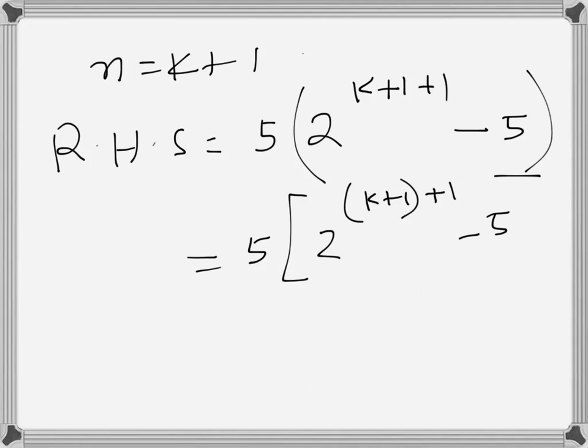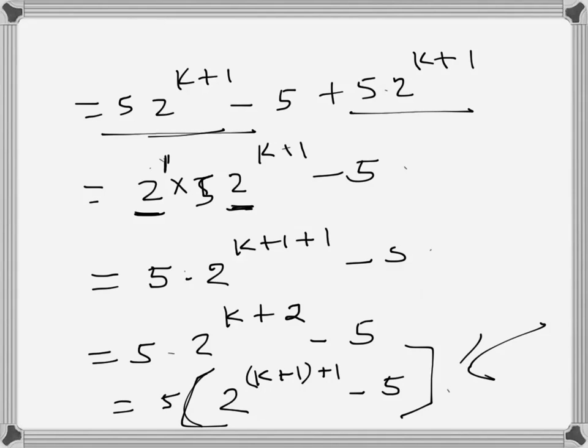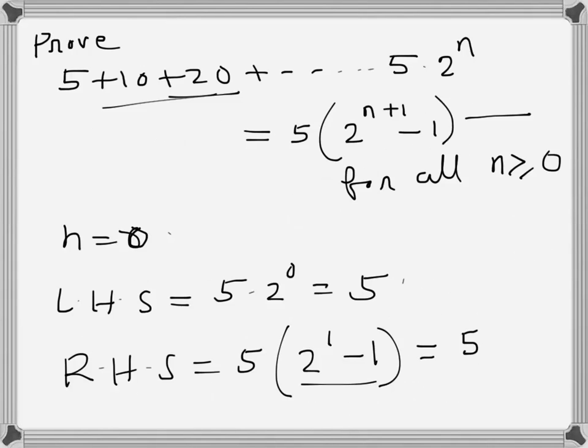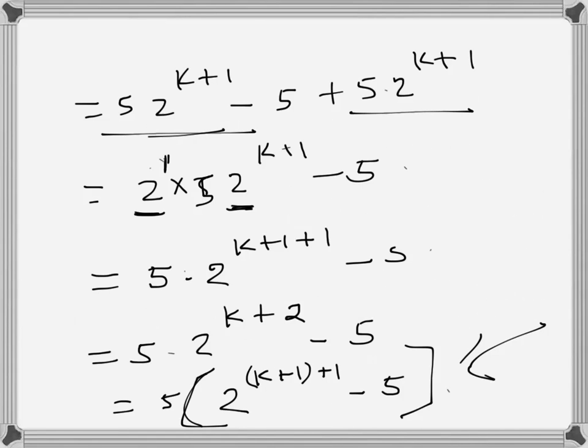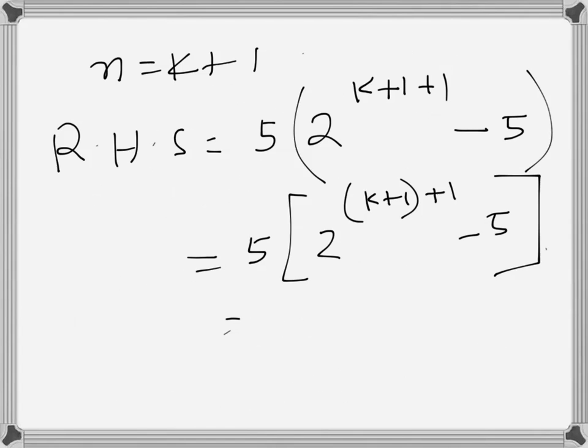So this is essentially the left hand side, which was here. What I have done is, when n is equal to k plus 1, in the right hand side, instead of n it's k plus 1, so k plus 1 plus 1 is actually k plus 2, and that's the same thing that it was here, but I have written it like this. So basically left hand side is equal to right hand side for n equal to k plus 1.